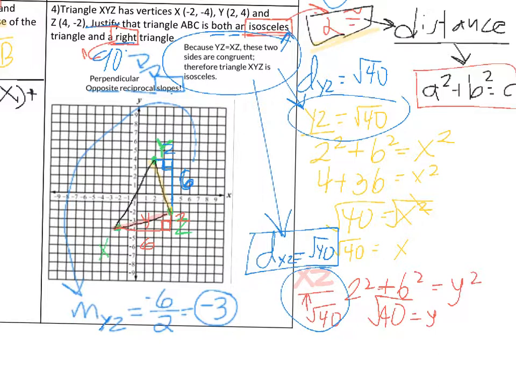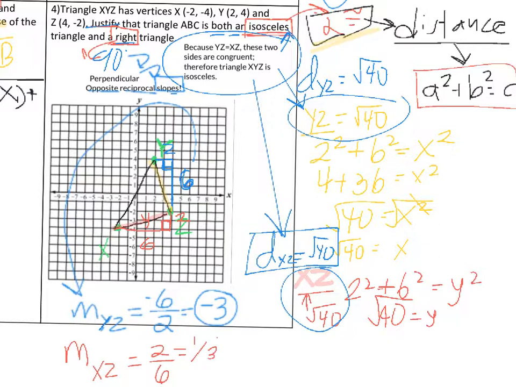For the slope of XZ, we can use our other slope triangle here, which I did in red. If I'm going to label it, let me get my pen here, the slope of XZ is that we went up 2 and to the right 6. If we simplify this fraction, we get 1/3.